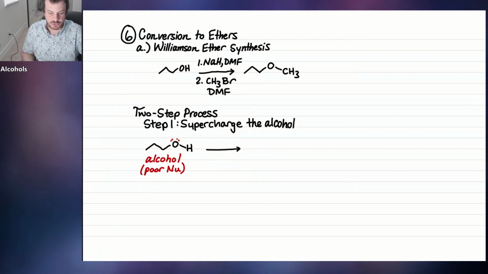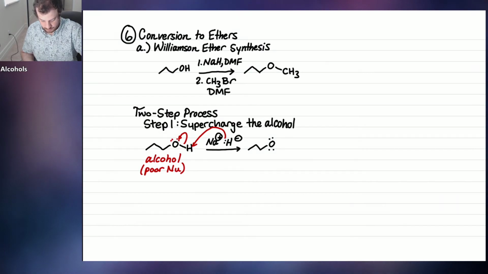Then we're going to add sodium hydride, which is a strong base. That is just going to deprotonate the alcohol in an acid-base reaction. This gives us something called the sodium alkoxide, which is a strong nucleophile. It's a deprotonated alcohol. It's much, much, much more nucleophilic.